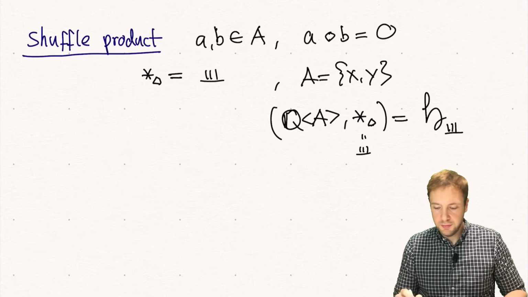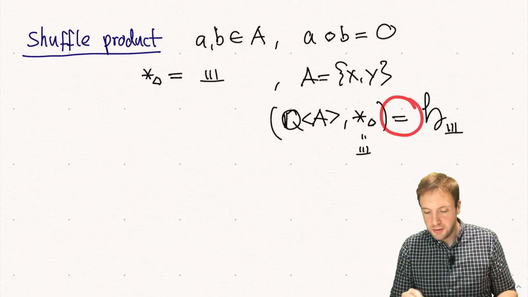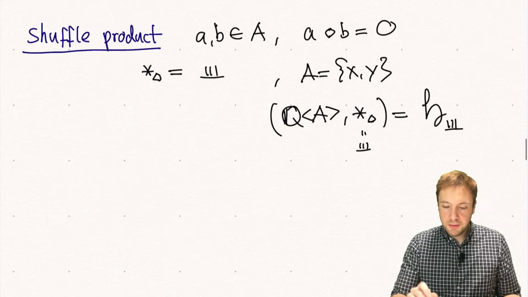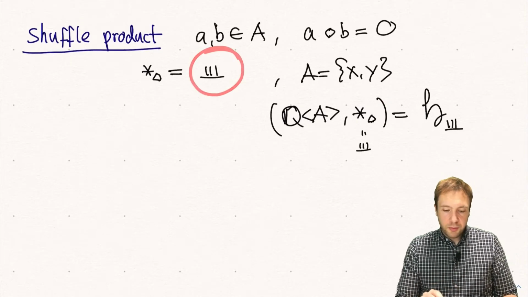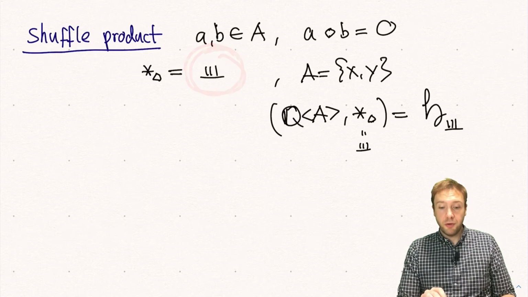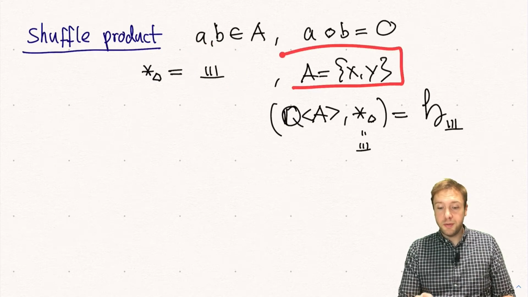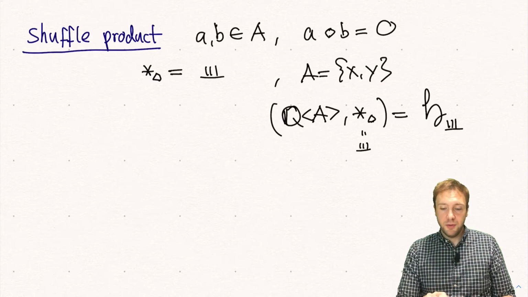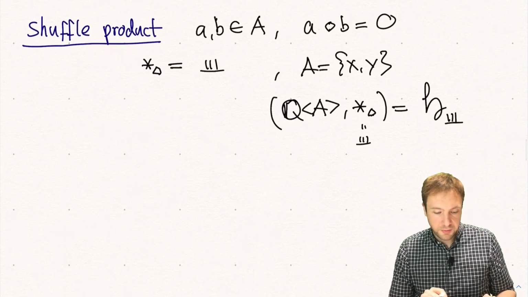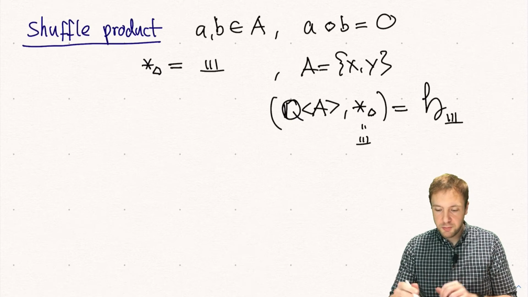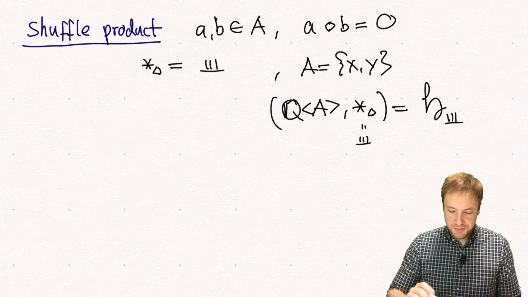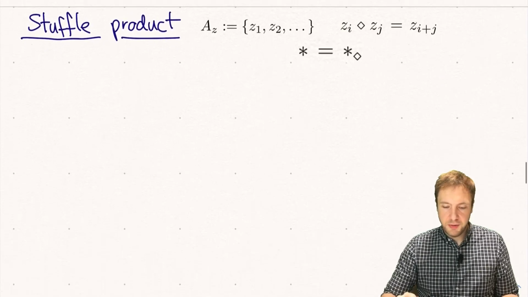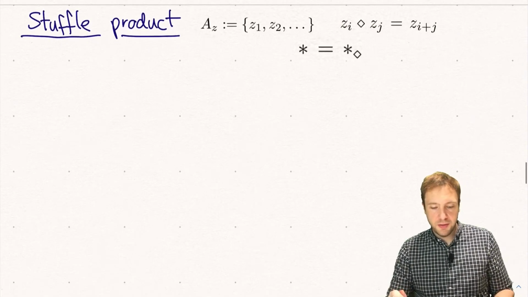So this is actually an equality here. But we will also use this shuffle product on not just this alphabet, but also on this alphabet AZ with Z1, Z2 and so on. And this is sometimes also called the index shuffle, to distinguish between this shuffle here and the other shuffle. But maybe more interesting is this one here now.